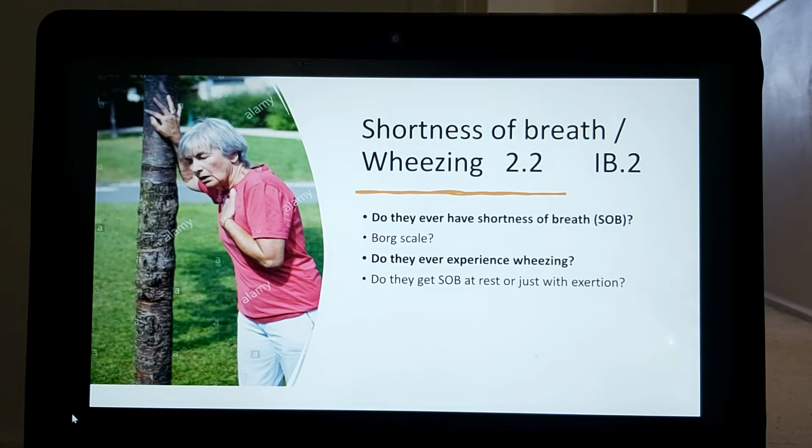Then if they say yes, explore further: is it at rest or just with exertion? The one thing to remember here is that when you are asking about shortness of breath, look at how they are presenting as well. Some will talk to you and not be able to finish a sentence. That means they are already breathless.